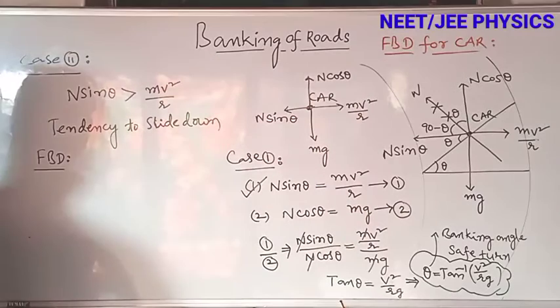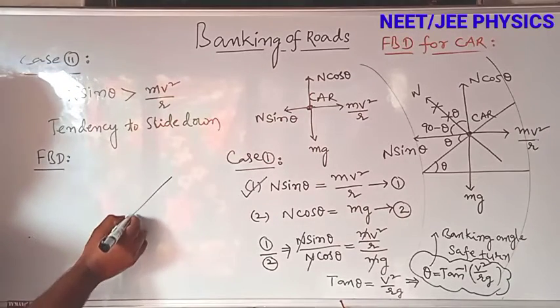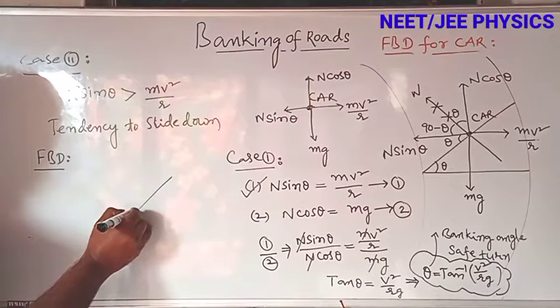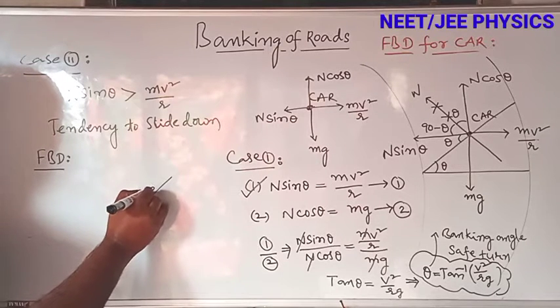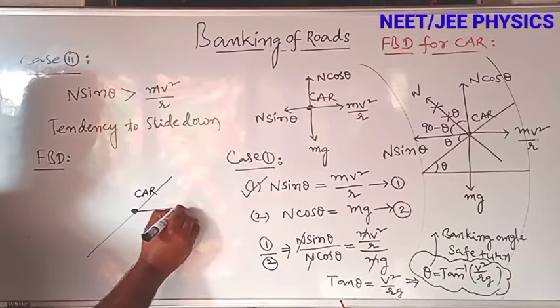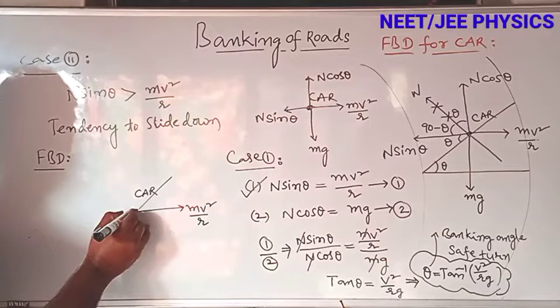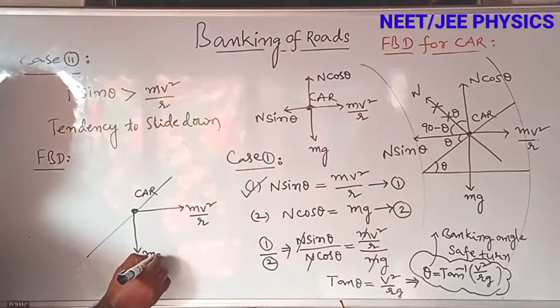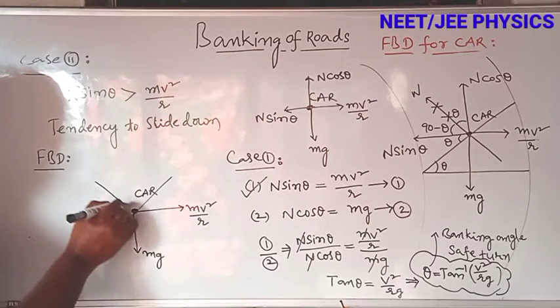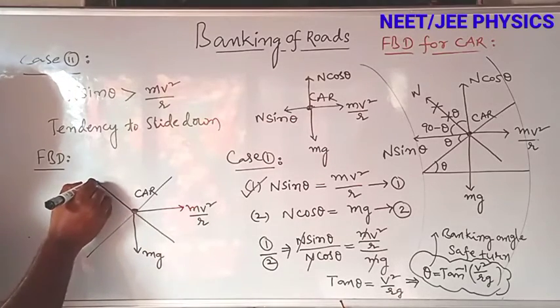You can see the free body diagram here again. This is the car, this is the inclined plane, this is mv square by r, and the weight is mg. This is the normal reaction.